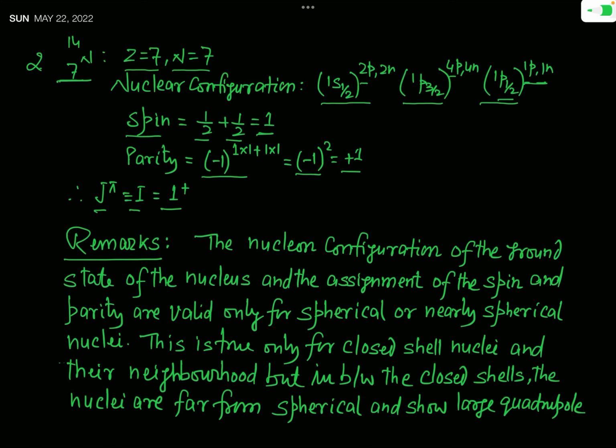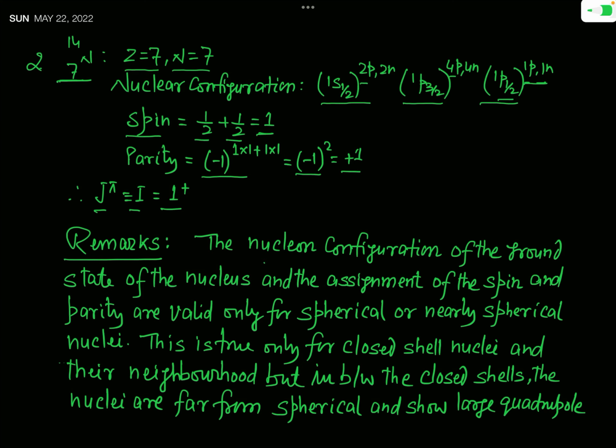But if there is just a deviation from the spherical shape of the nucleus, then these rules do not give the correct value of the ground state spin and the parity. So I have mentioned these things in these remarks.